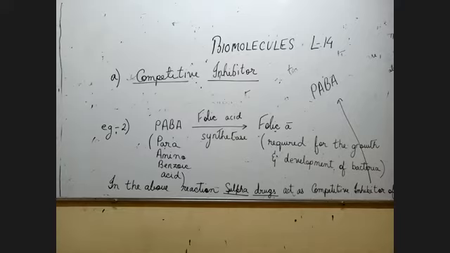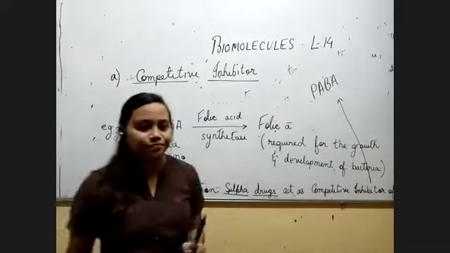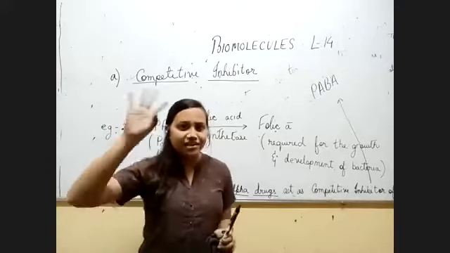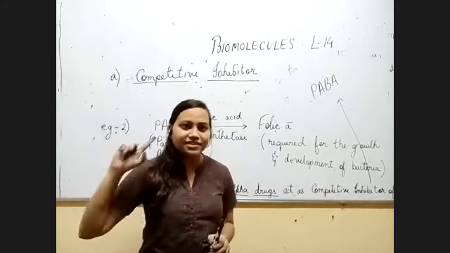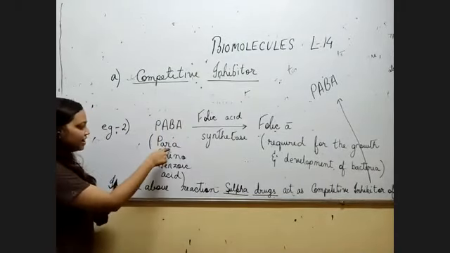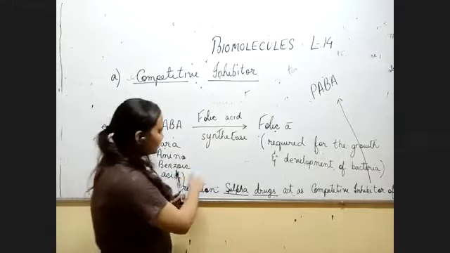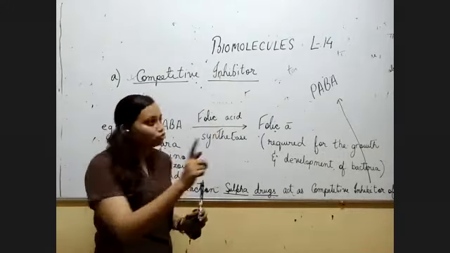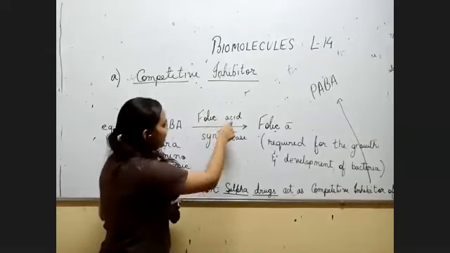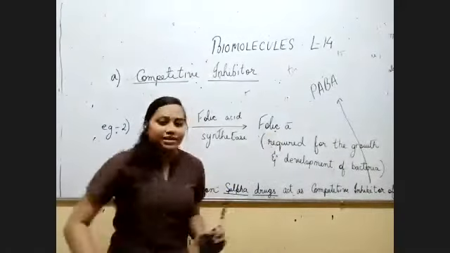Ma'am, can you explain this example again? I got disconnected. Okay. Similar to the first example, here the substrate is PABA, para-amino benzoic acid. This will bind to the enzyme folic acid synthetase in order to form folic acid.